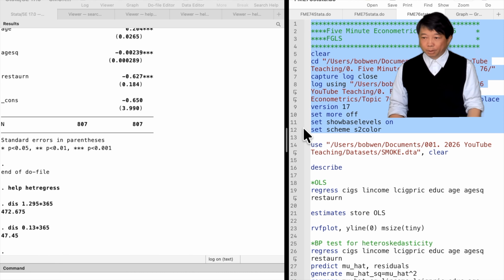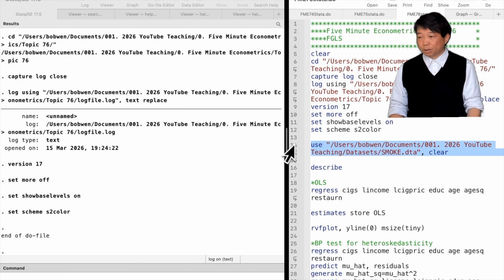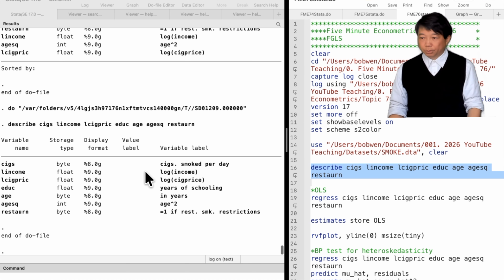We use an example in the textbook Introductory Econometrics: A Modern Approach, 7th edition, written by Professor Jeffrey Wooldridge. The model relates the demand for cigarettes to income, price of cigarettes, education, age, and whether the person resides in a state with restaurant smoking restrictions.